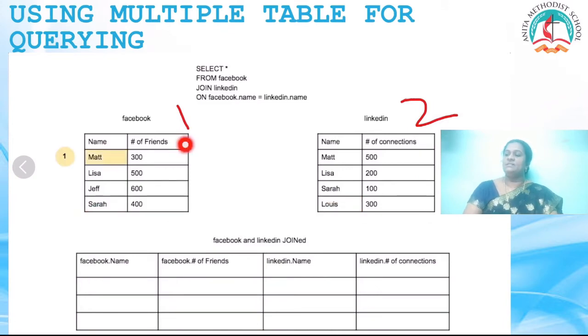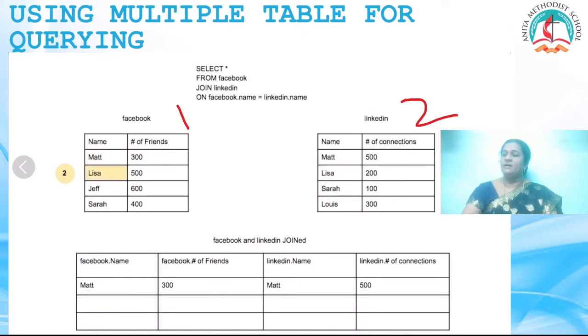See what happens. So Matt, and then it's filtering the data here. And then it takes the data from Lisa and is pulling the data over here. And then for Sarah, it is checking for Jeff. Jeff is not here in table 2, so it's ignoring. And Sarah is there, so it's printing the data for Sarah. This is how the connection is being printed.